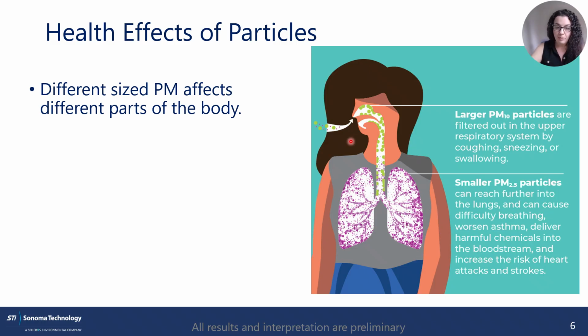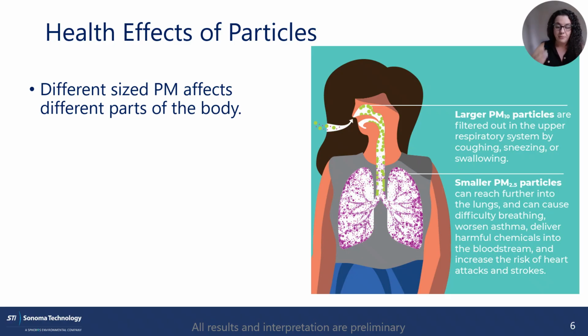However, those smaller particles, shown here in purple, those smaller PM 2.5 particles can get past that filtration system that we have in our bodies, all the way down into our lungs. They can cause breathing problems. They can worsen asthma if you have asthma.